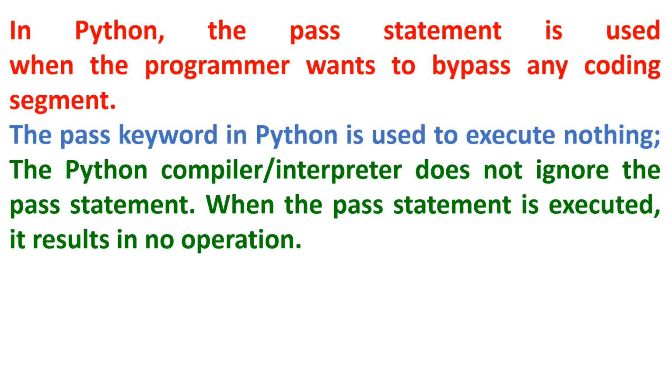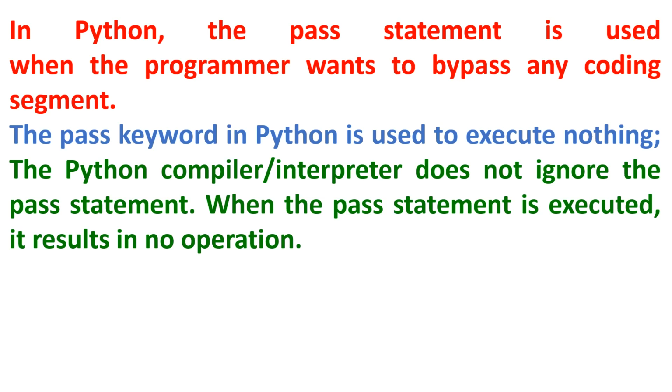So now you have learnt the use of the pass statement. So what is the pass statement? In Python, the pass statement is used when the programmer wants to bypass any coding segment. We don't want to write the coding of factorial, prime number, or reverse of an entered number this time.